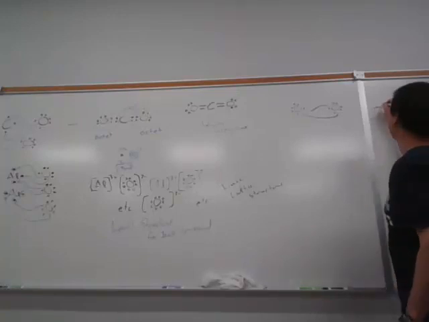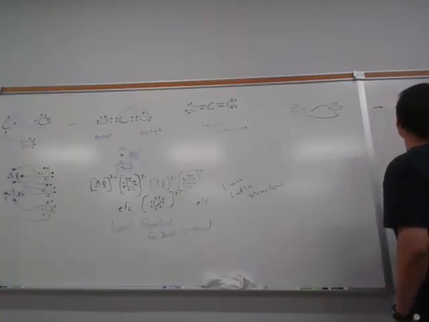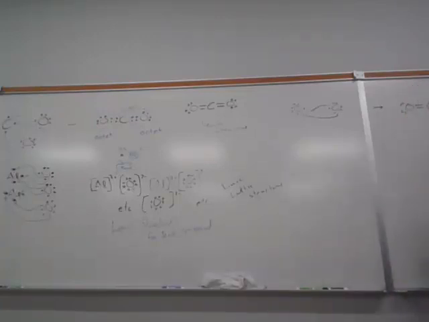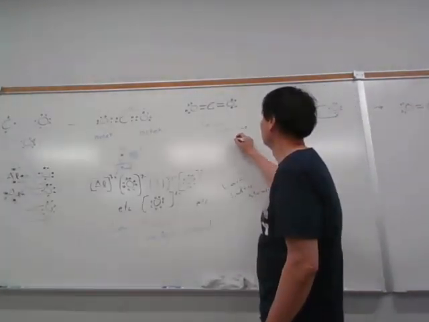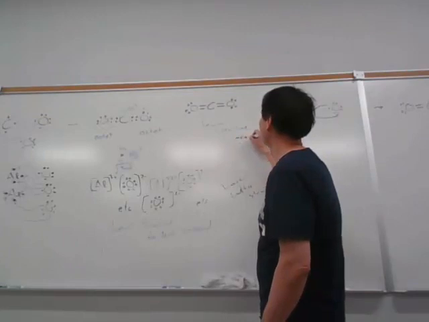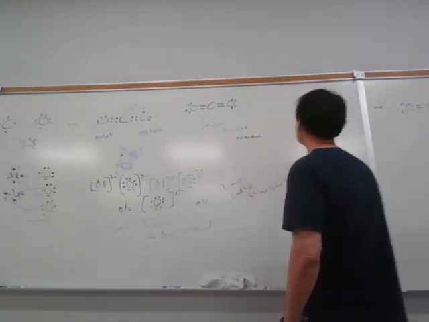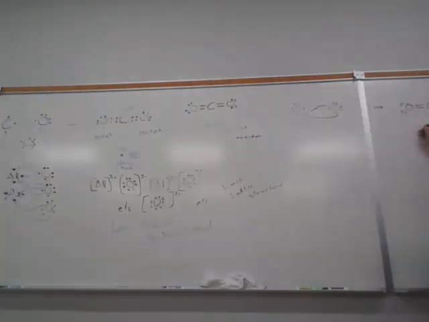And what ends up happening is we form an octet by sharing the electrons here. And so this is the Lewis structure for a molecule. This one too. This is a Lewis structure.